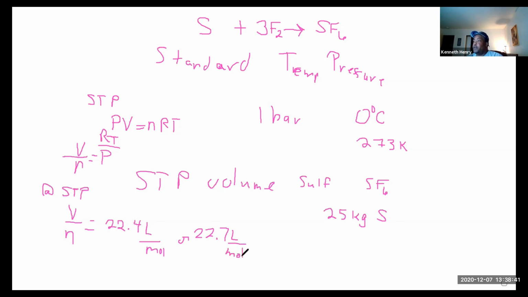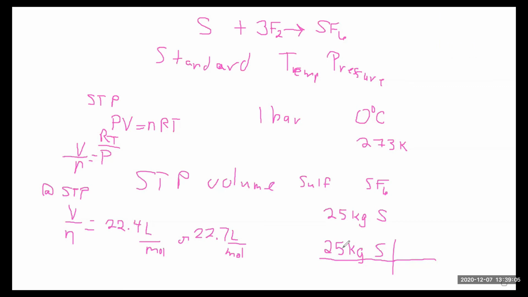Okay, so if we know that we have 25 kilograms of sulfur, and I want to change that to moles, how would I do that? You would get the molar mass of sulfur. Would you have to convert to grams first and then do grams per mole?